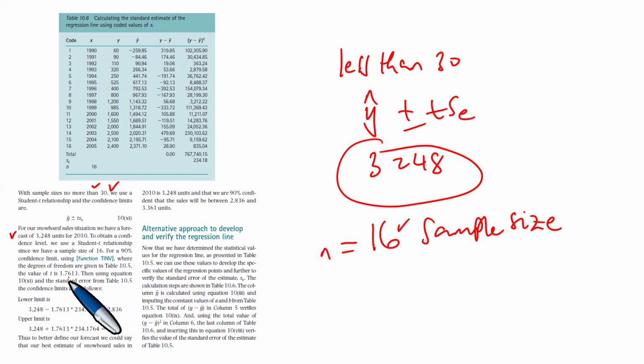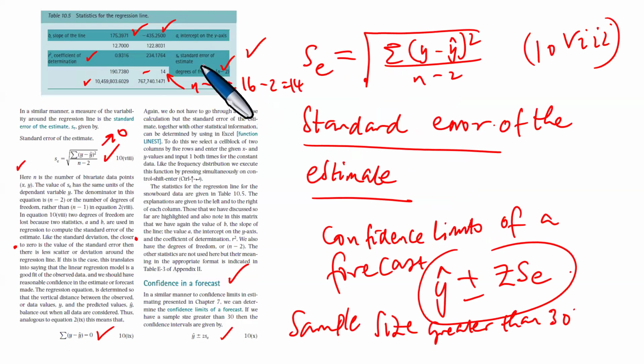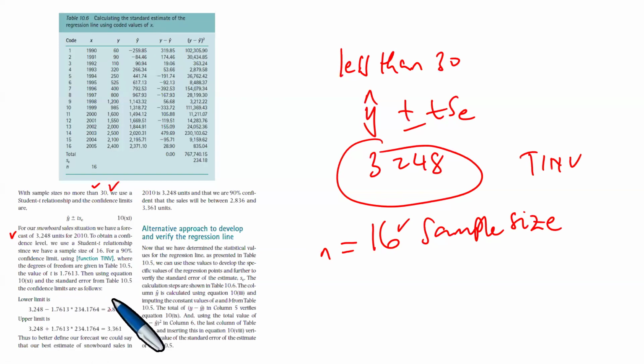For the 90% confidence limit, using the function T.INV, where the degrees of freedom, n minus 2, are given in table 10.5, the value of t is 1.7613.